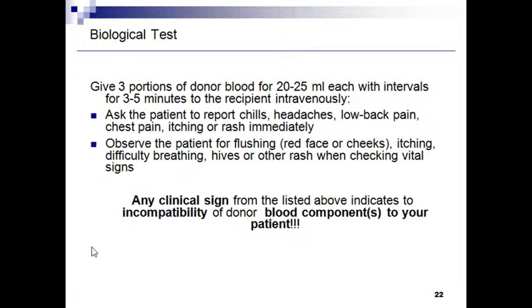I mean, if the patient presents itching, difficulty breathing, hives or other rash when checking vital signs, it means the blood is incompatible according to recipient blood antigens. Any clinical sign from those listed above indicates incompatibility of the donor blood component with your patient.